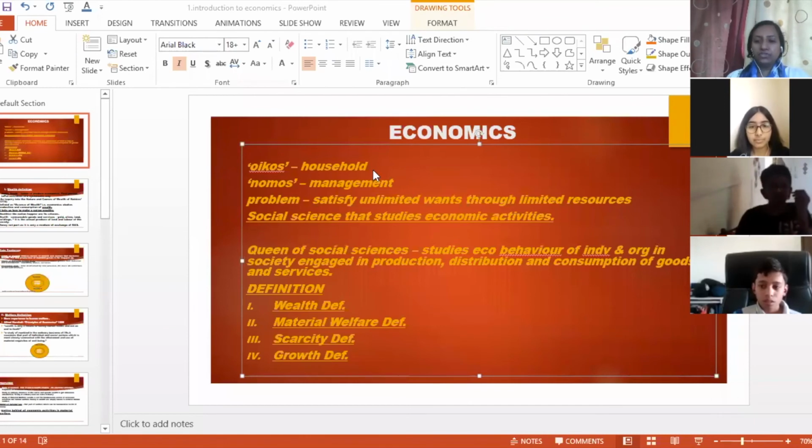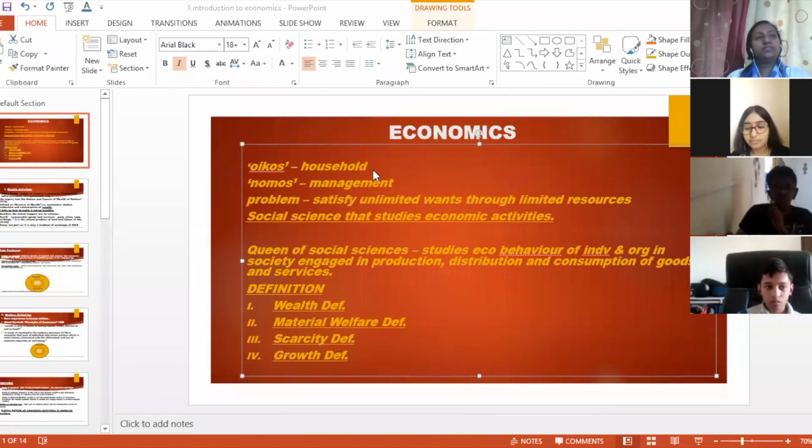I'll give you an example. For example, fuel, petrol, right? Fuel can be used for your vehicle. It can be used in houses also, for making food. It is used in chemical industries also. So it has multiple uses, but fuel as such is limited for us.